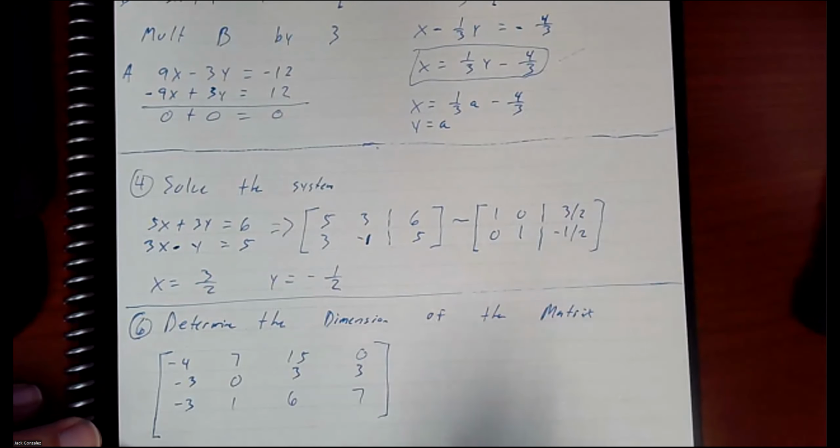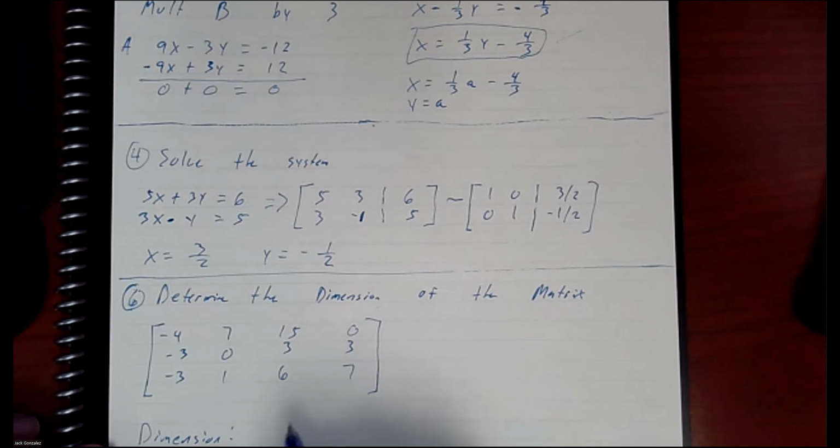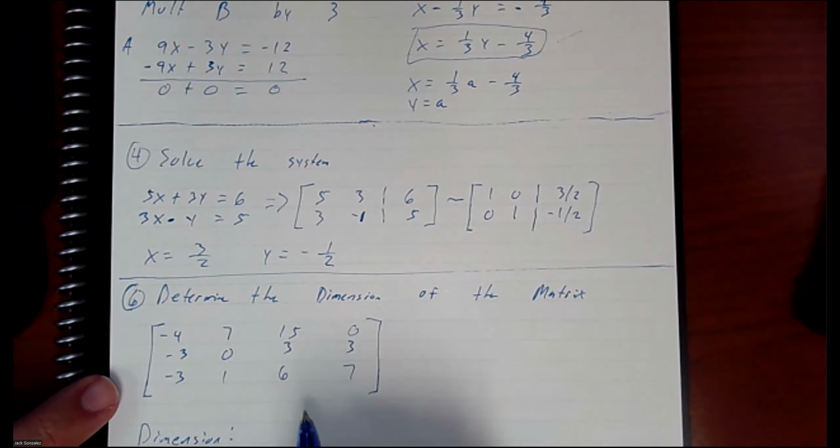So the dimension is going to be row by column, right? So how many rows do we got, by how many columns?